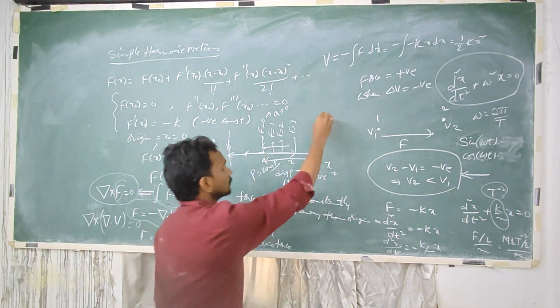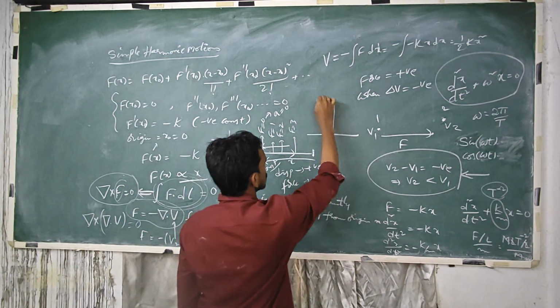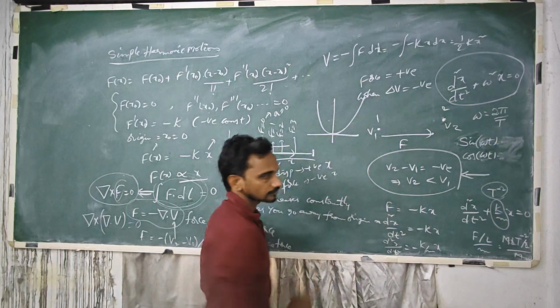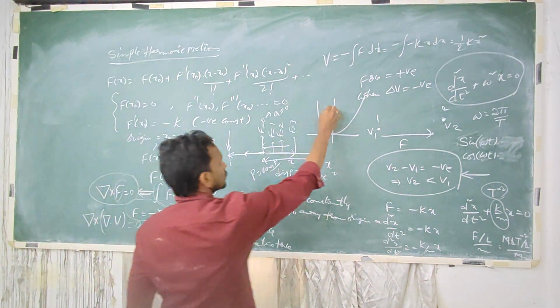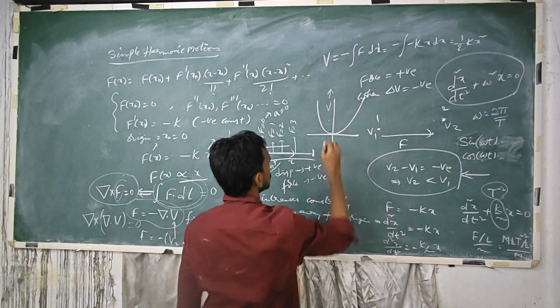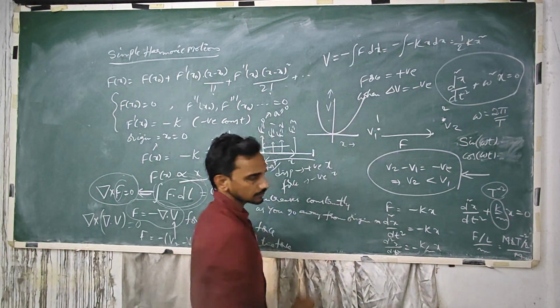The potential looks like a parabola. So this is the potential energy gained by the object, and this is the displacement.